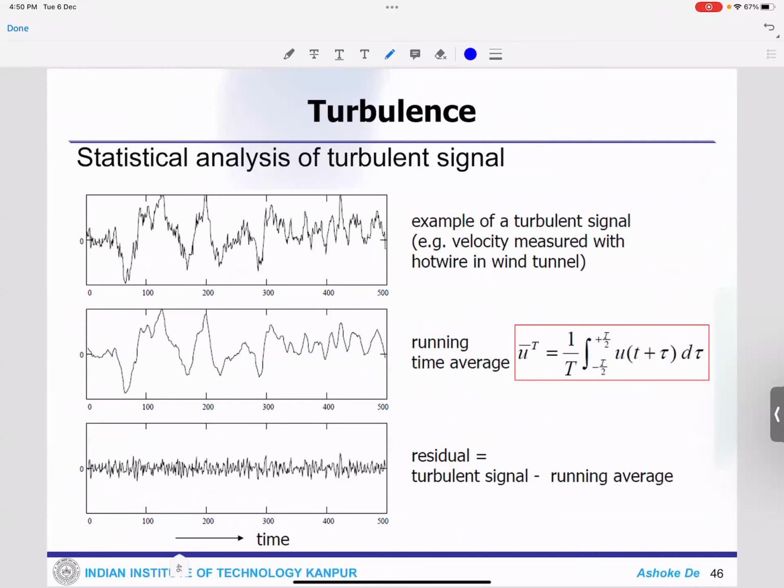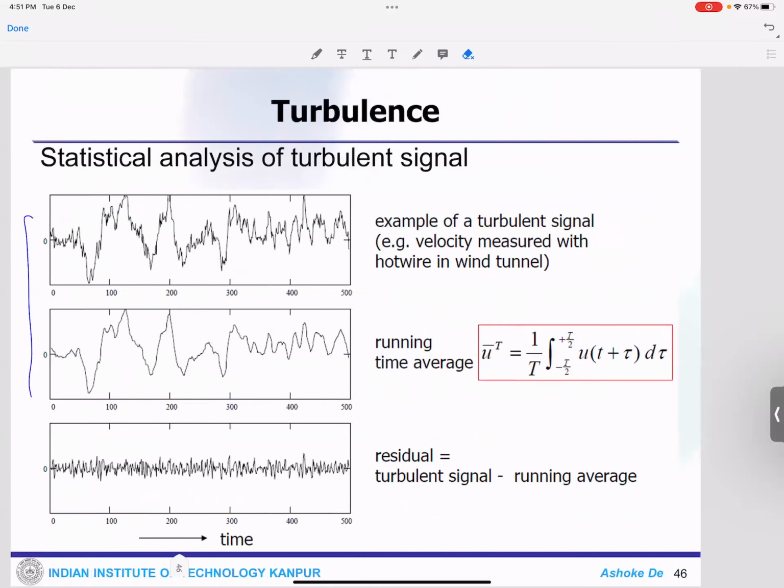These are the statistical time series signals of a turbulent flow. You can capture this kind of signal, then do a running average or time average of the data. That means you take the signal for a longer time and look at it in the time average sense, and you can get a mean velocity in the time average sense.